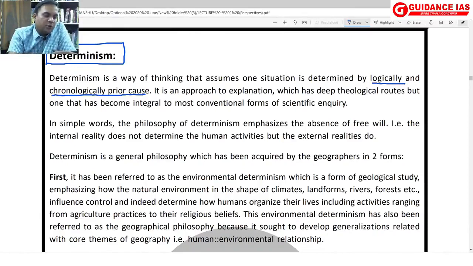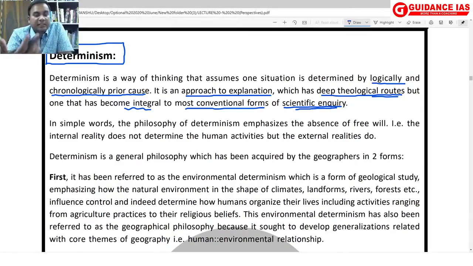It is an approach to explanation which has deep theological roots. ठीक है, actually initially determinism was present where? In religion, but one that has become integral to the most conventional form of scientific inquiry. It is a paradox, but it is true. So, it originated actually from religion, but today it is the base of science.